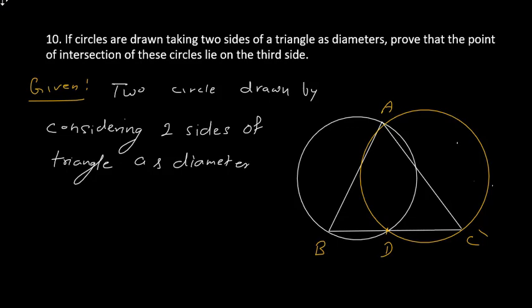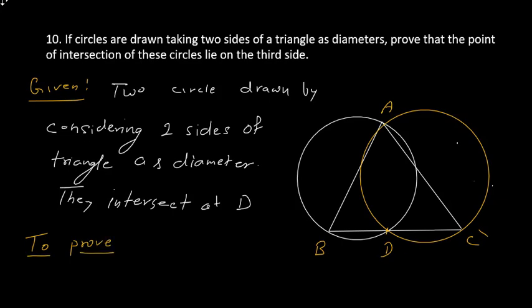They intersect at D. This is given, and what to prove? We have to prove that this point D is on side BC.